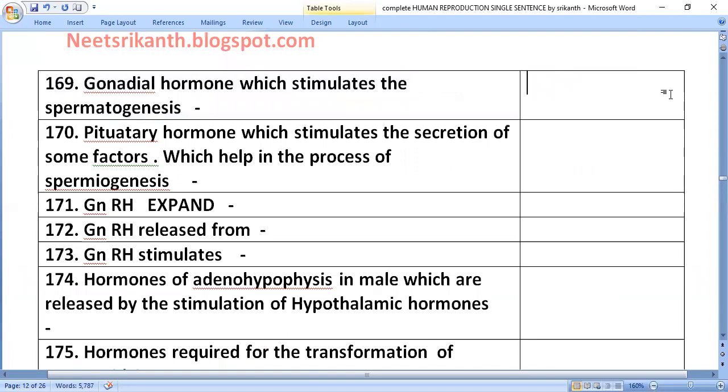Gonadal hormones which stimulate spermatogenesis: androgens. Pituitary hormone which stimulates the secretion of some factors which help in spermiogenesis: FSH. GnRH expands as gonadotropin releasing hormone.